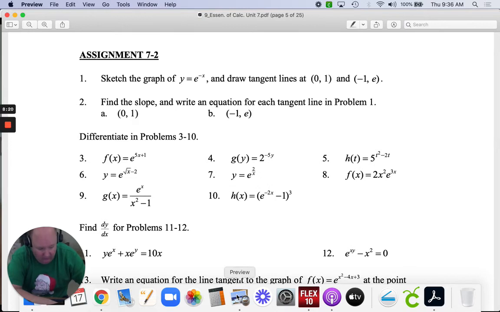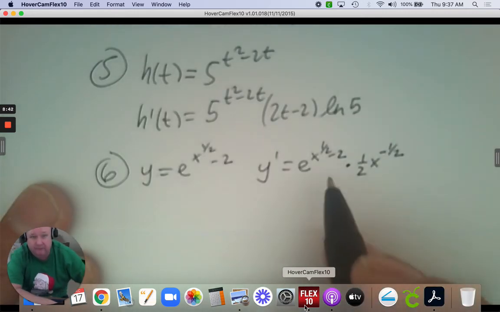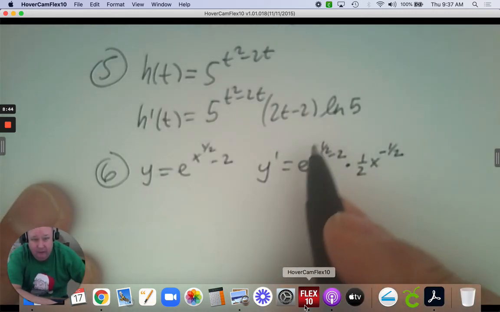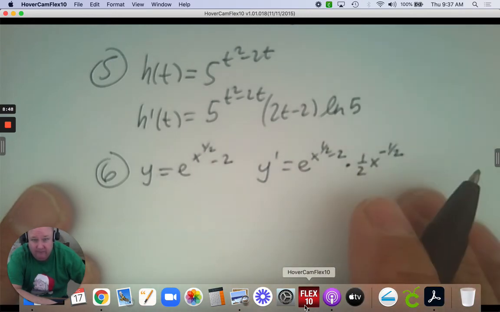So first of all, copy it down again. e to the x to the 1/2, subtract 2, times the hook on, the derivative of the exponent. That's 1/2 x to the negative 1/2, and the derivative of negative 2 is 0. And because the base is e, it only has the one hook on, and it's done. So again, understand how to take the derivative of the exponent, that's the hook on, and that's it.